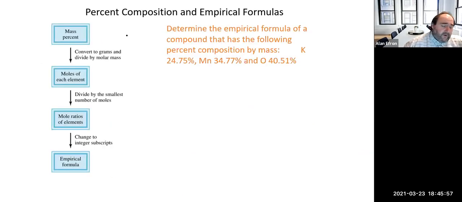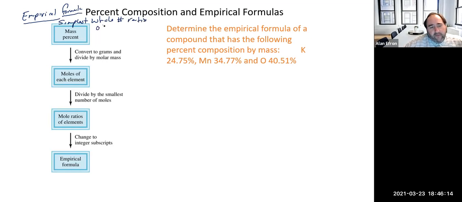And the empirical formula, before we get started on the problem, is the simplest whole number ratio of what's present. So the empirical formula does not necessarily tell you 100% of the time exactly how much of each element is present, but it does give you the simplest whole number ratio of what's present in that particular compound.